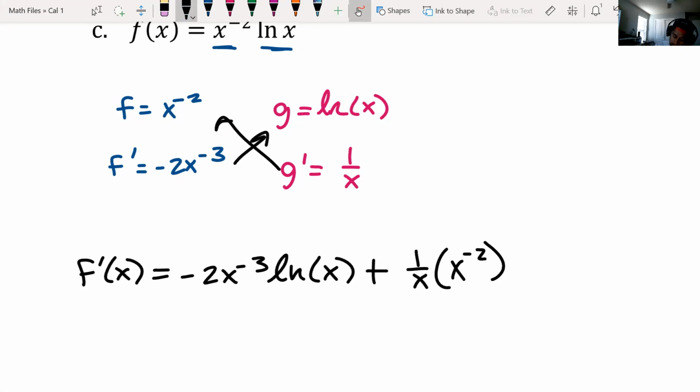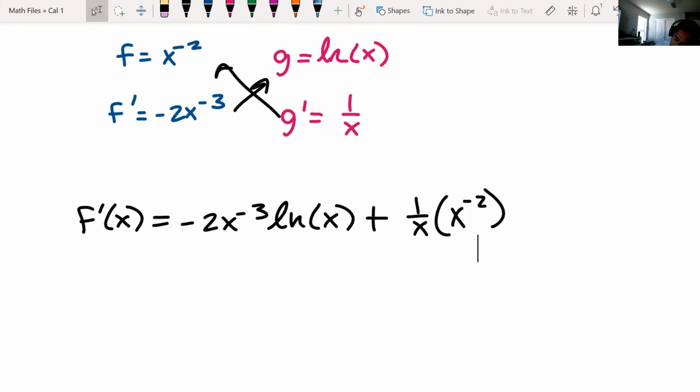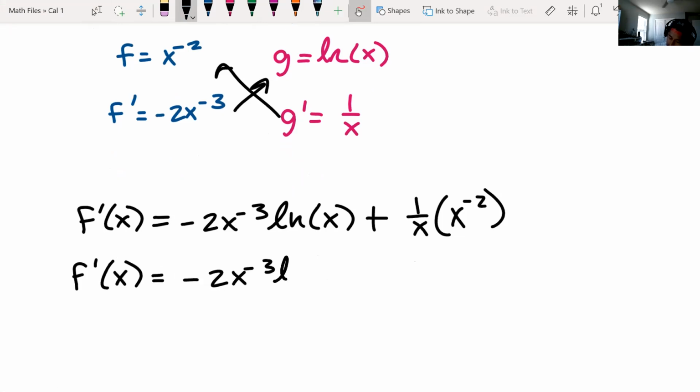Okay, so there's our derivative. Let's make it look pretty. This is negative 2x to the negative 3 natural log of x. And what is 1 over x times x to the negative 2 going to be? 1 over x cubed, or even better, x to the negative 3, right?